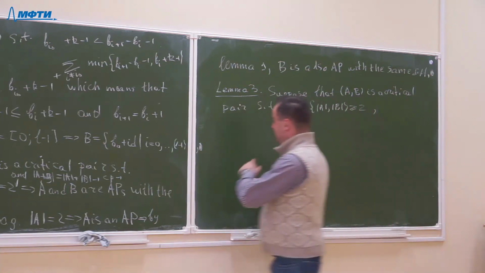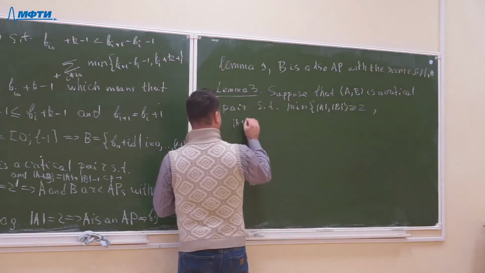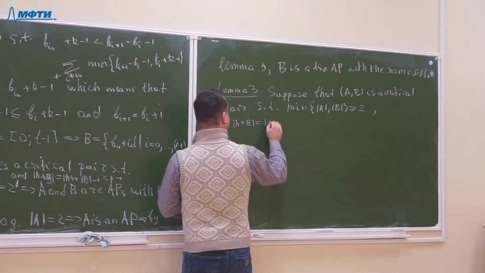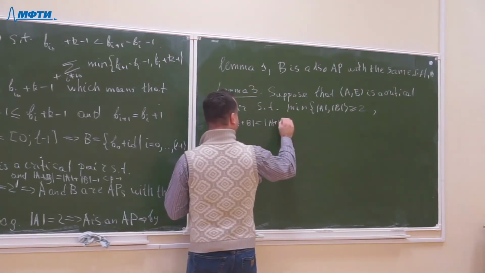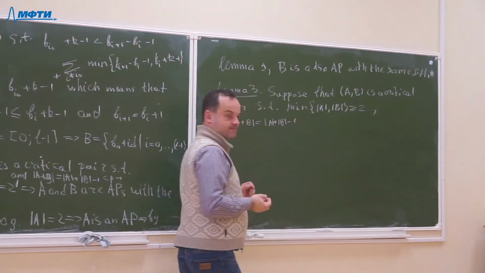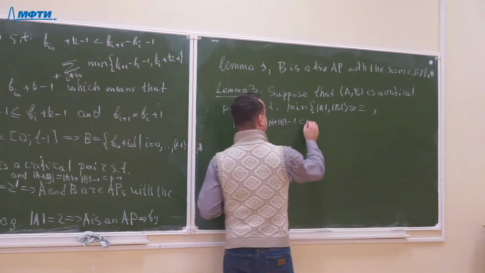Also, the cardinality of A plus B is A plus B minus 1, which is strictly smaller than P minus 1.